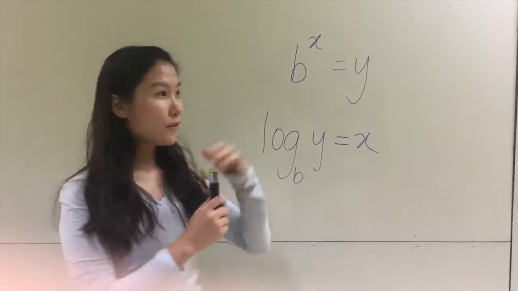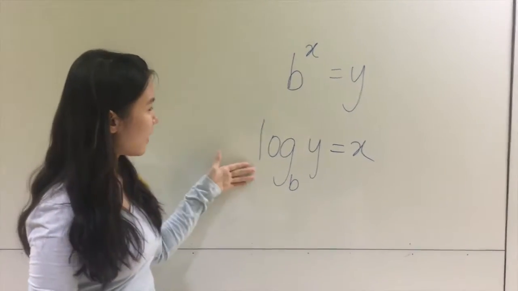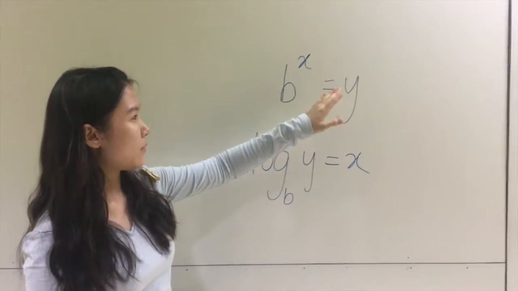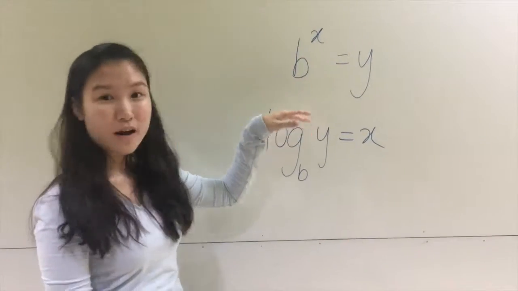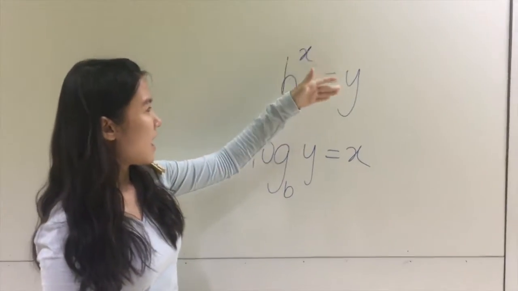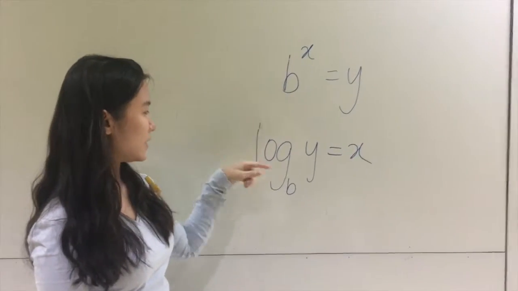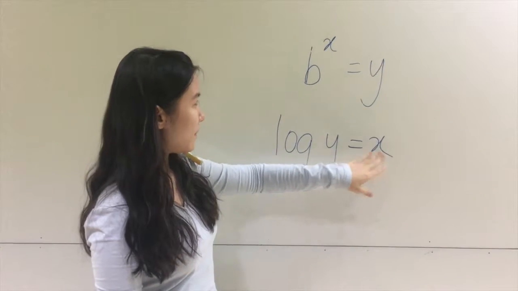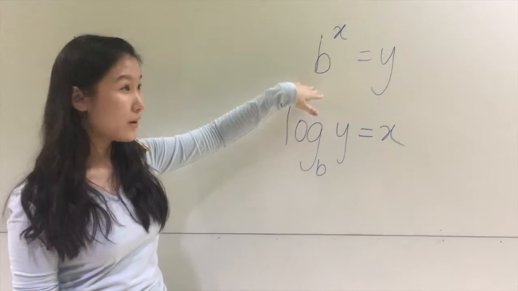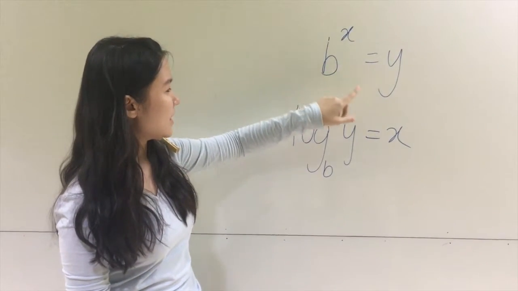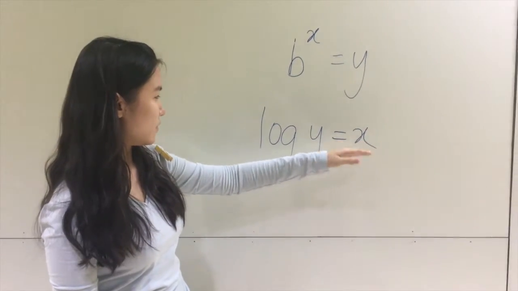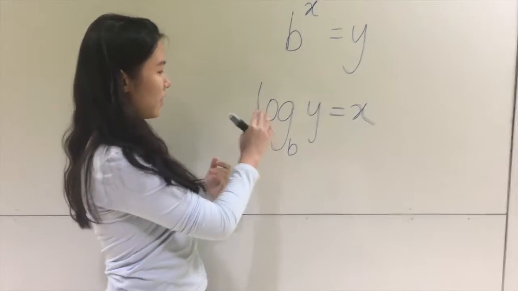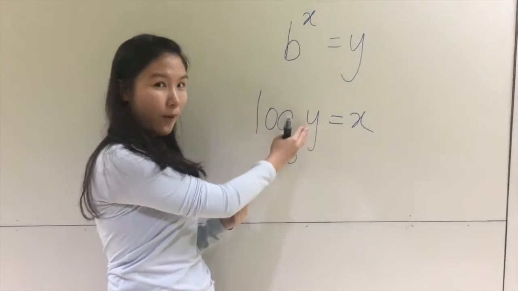To convert from exponential to log, you have to treat b as a base and y, which is the value of b to the power of x, becomes the number beside log. For x, which is the power of b, when you convert it to log, it will be the value of log base b of y.